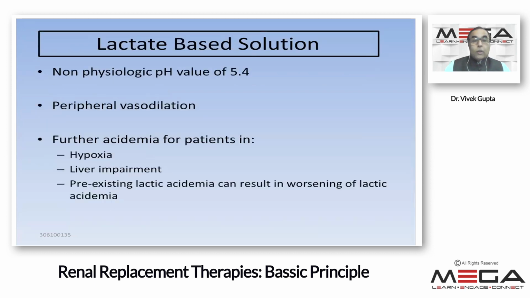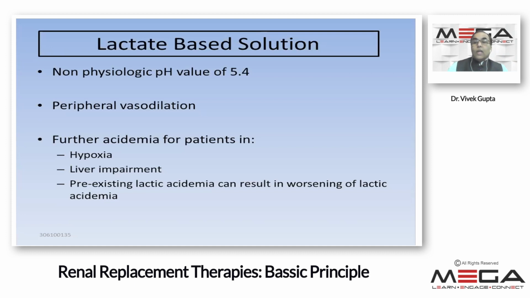But you should remember that these are non-physiological solutions because they have a pH of 5.4 and they cause peripheral vasodilatation. If the patient is already hemodynamically compromised, it is possible that the lactate-based solution can lead to hemodynamic instability. And if the patient is hypoxemic or has a liver impairment, the acidosis may worsen.